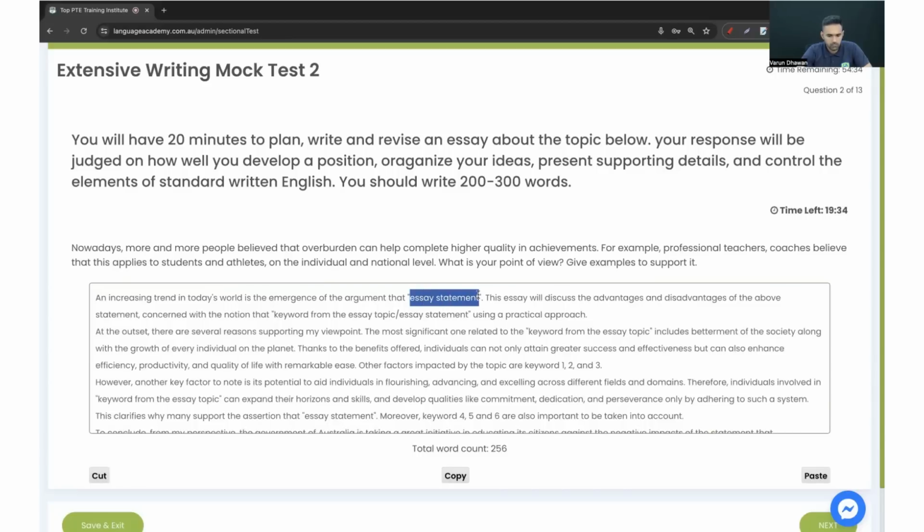Argument, that over here you have to write the essay statement. Now the essay statement over here is pretty long, so I'll divide it into 2 parts. One part and the second part, from professional teachers till level, right?